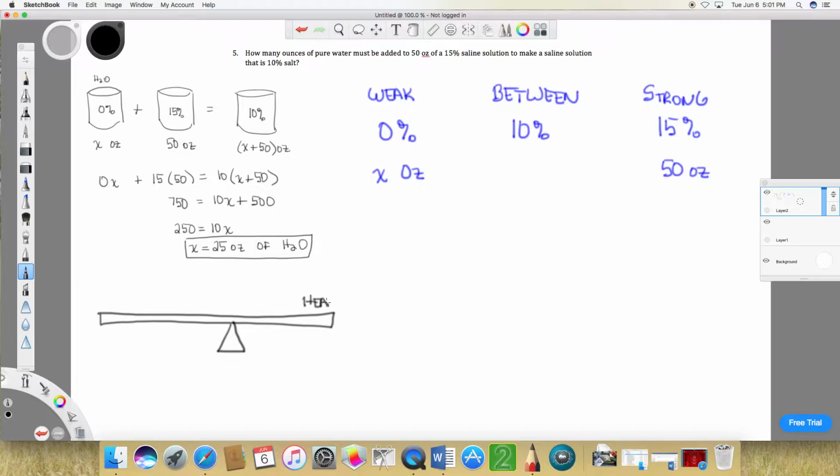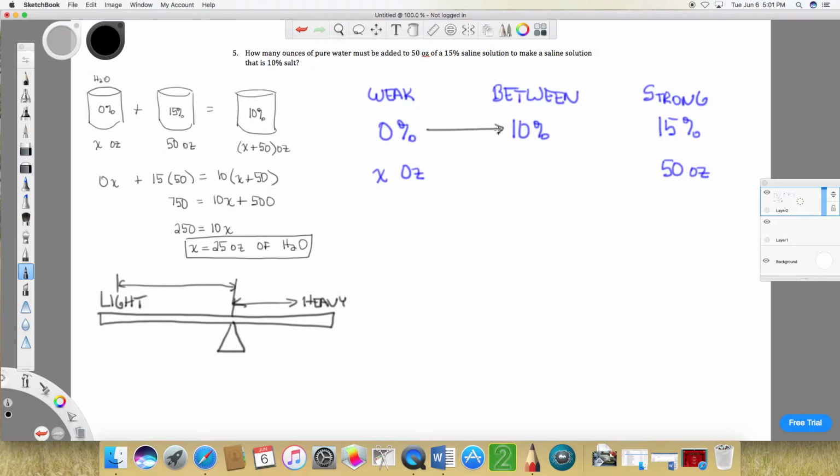You have the weight of some heavy object, the weight of a lighter object, and if you balance, you have that from the fulcrum, you have some distance, and then from the fulcrum here, you have some distance. So you take the weight times the distance and set it equal to the weight times the distance, and that's what we want to do here.